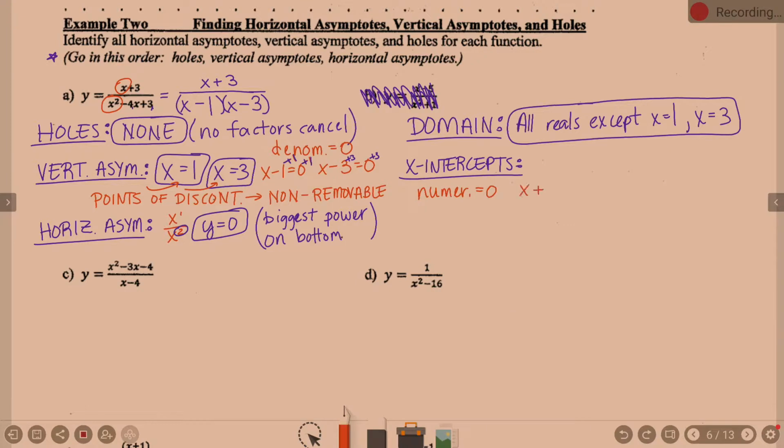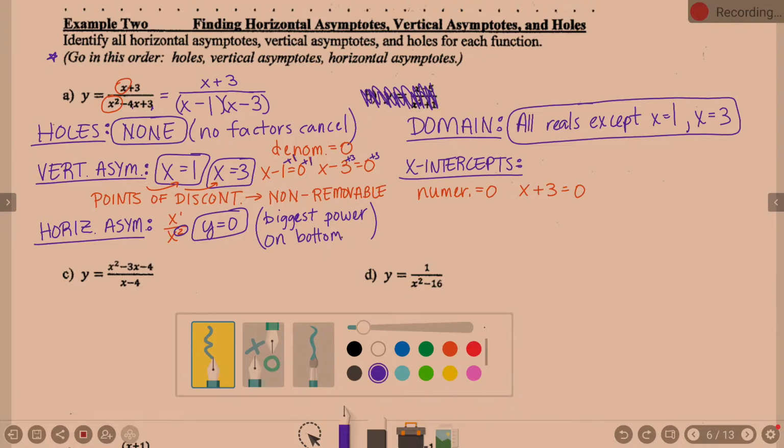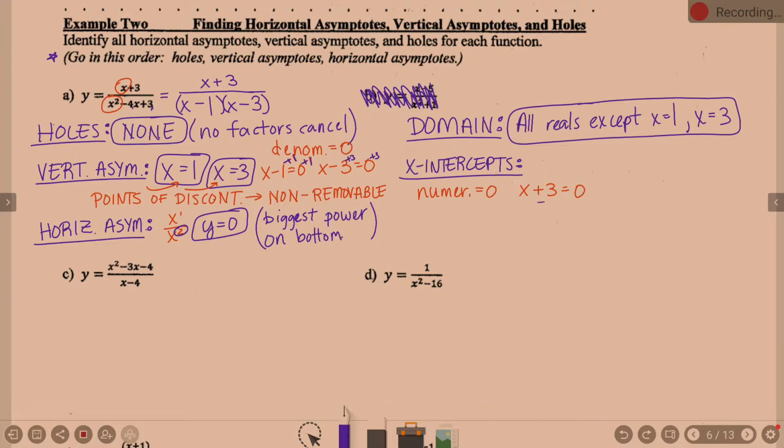So x plus 3 equals 0. How do I solve it? Subtract 3, and we're going to have an x-intercept at x equals negative 3.